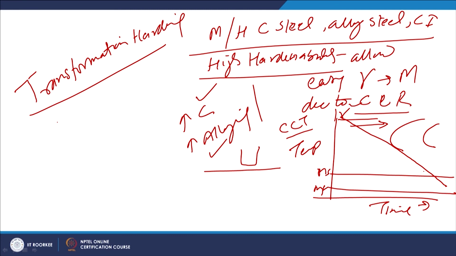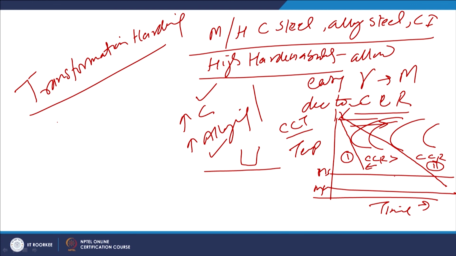While in other cases, when the CCT diagram has the nose on the left side, it leads to a higher critical cooling rate. This critical cooling rate, CC, is greater for this curve as compared to that curve. So, the critical cooling rate for curve A is higher than for curve 2.